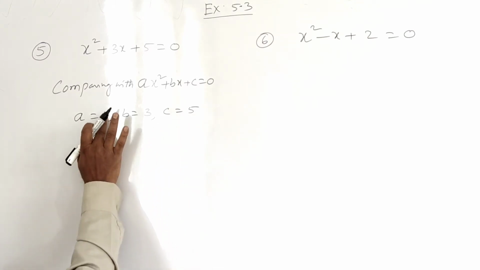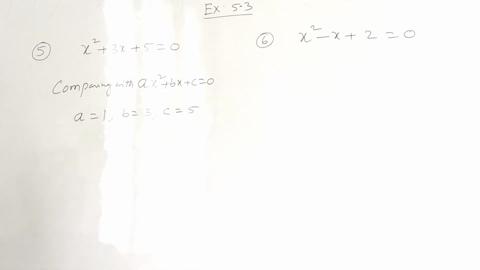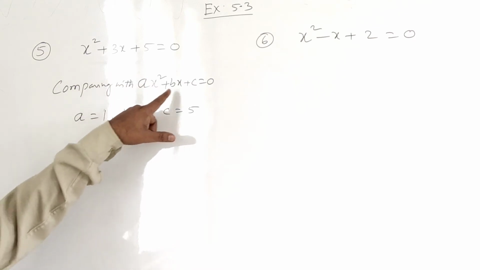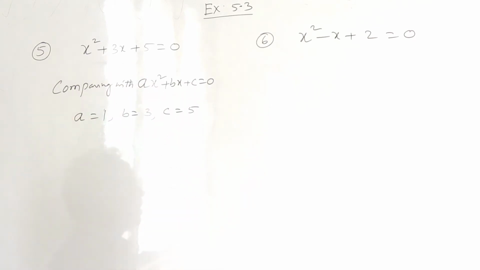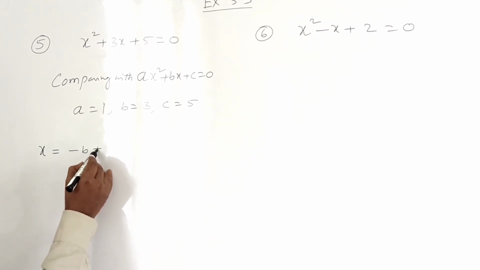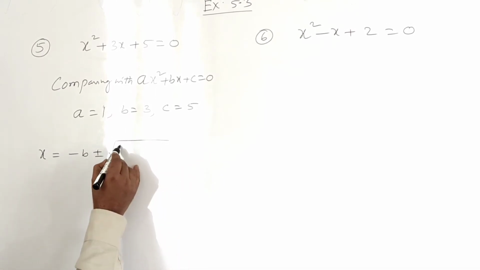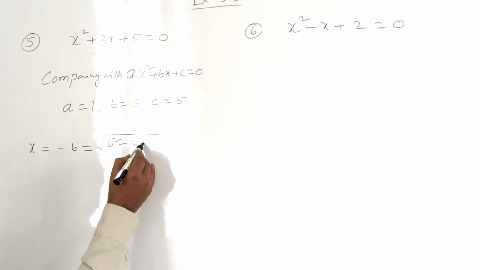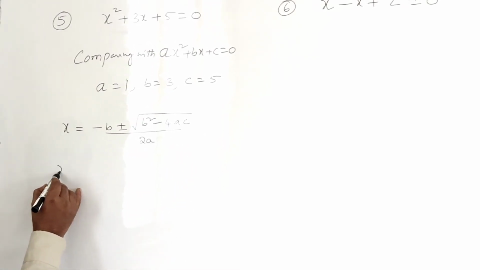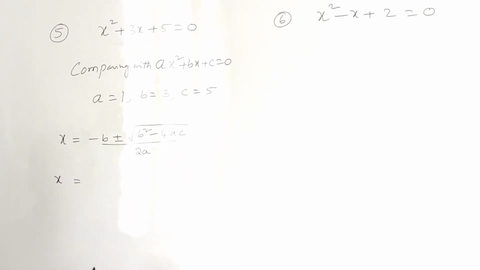Now we need to calculate the variable value, root or a solution. What is the variable here? x. So we are going to calculate x. For that roots we have a basic formula, already we told in the introduction. So x is equal to minus b plus or minus square root of b square minus 4ac upon 2a. So now you know all the values, a, b, c values, you can replace here.